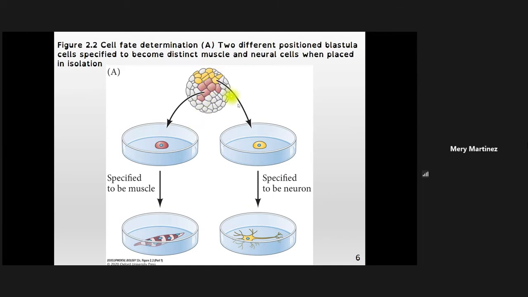We take one yellow, put it in here. We put one red, put it in here. These were specified to become muscle, and then they become muscle. These were specified to become a neuron, and they became a neuron. So once again, at this stage of commitment, cells are labile, are capable of being altered, because here we haven't determined it yet, okay? We take them here, and then we give some specifications, and then they become.